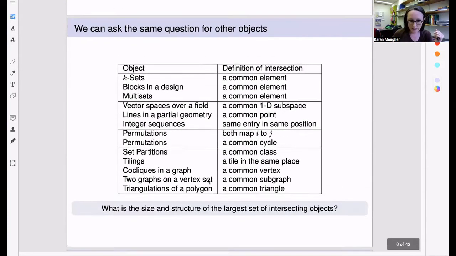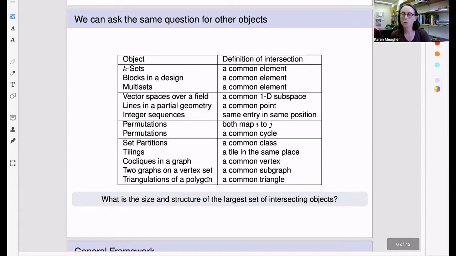So we can ask the same question. What's the largest set of intersecting things for a whole big bunch of different types of objects? The original EKR theorem had to do with sets, and two sets are intersecting if they have a common element. We can look at blocks in a design, and then intersection is pretty clear.